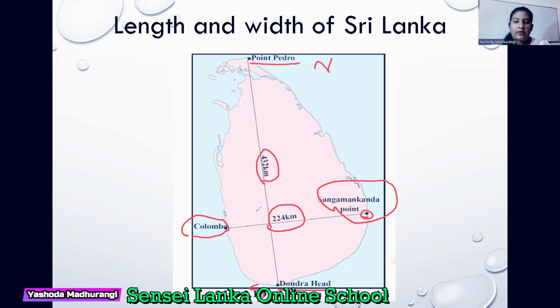Length is 432 kilometers. Width is 224 kilometers. That is the length and the width of our country. You have to remember it is a part of our identity. That's why we are learning it.